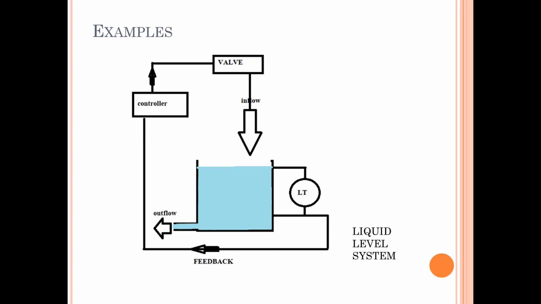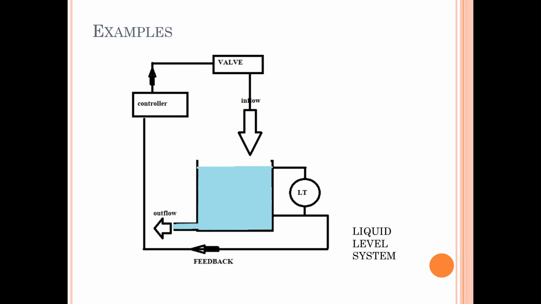Suppose at the beginning the level transmitter is measuring the liquid level as 3 feet, so the control variable is 3 and the reference is 5. When the reference input is 5 and the level transmitter is measuring 3, the difference of 5 minus 3, that is 2, is given to the controller, and according to that the valve will stay open to increase the level of the liquid.